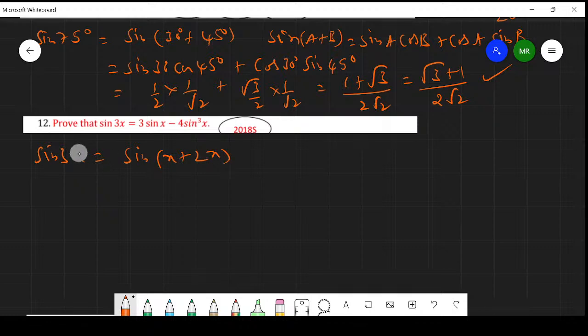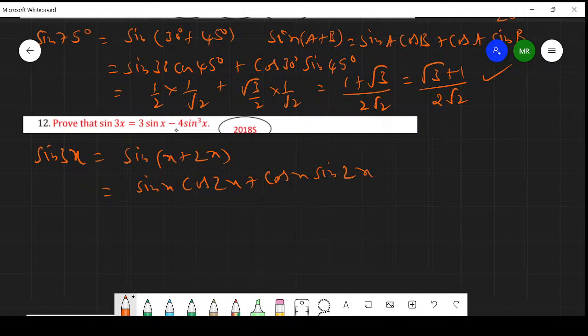You follow the same formula, sine of A plus B. It becomes sin x cos 2x plus cos x sin 2x.